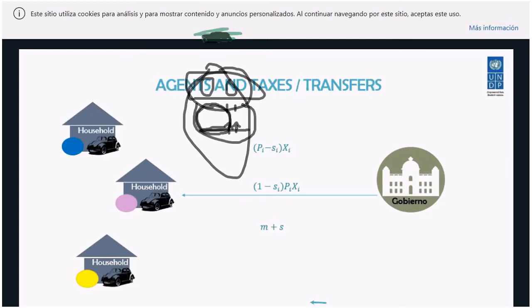That means the government will pay some share of the ticket for each ride.